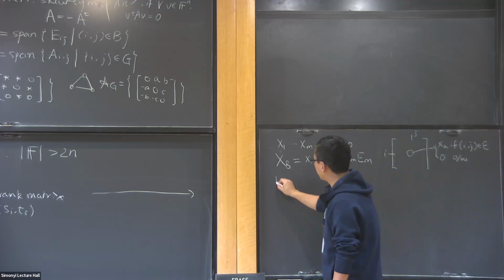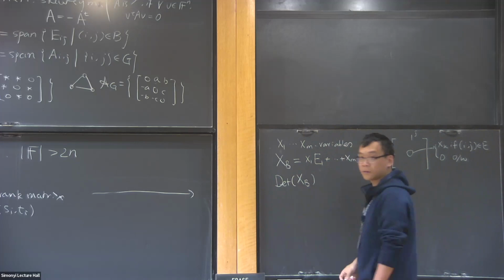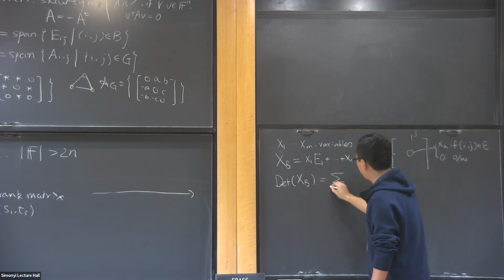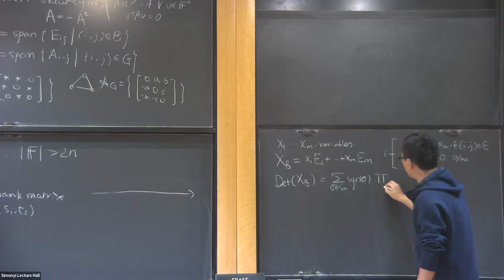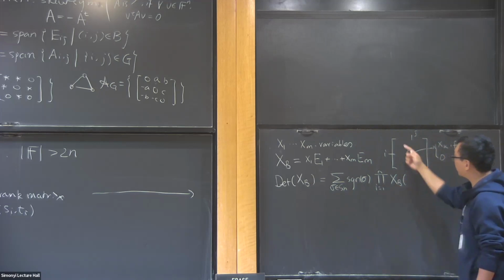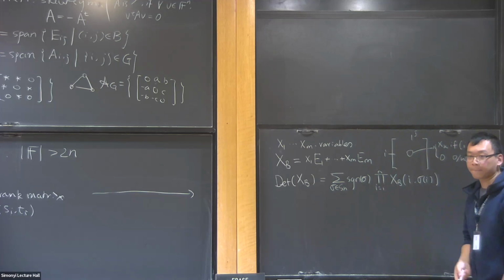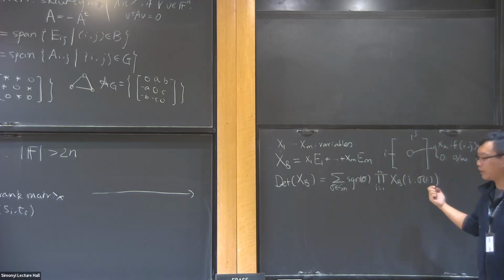And then I would like to consider the determinant of XB. The determinant, of course, is a summation over the permutations, you have the monomials, being the product of XB(i, sigma(i)) over the permutations. This is the definition of expanding the determinant.